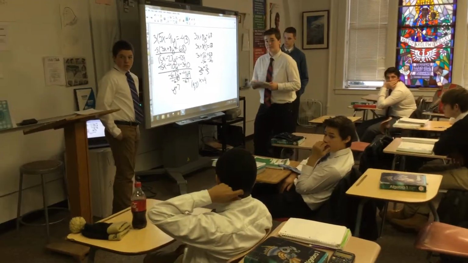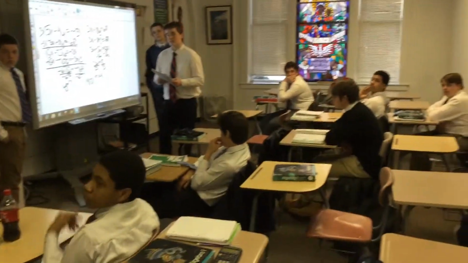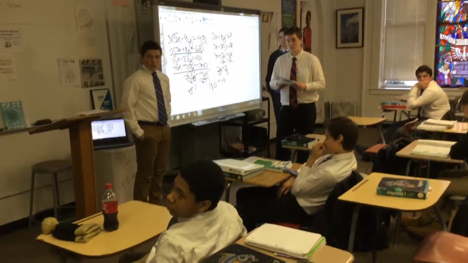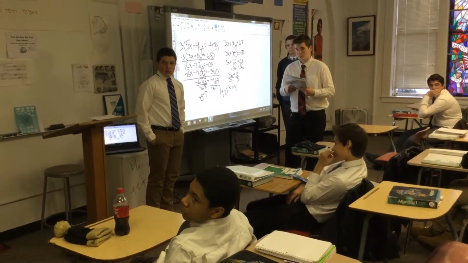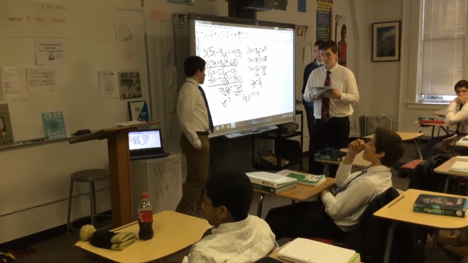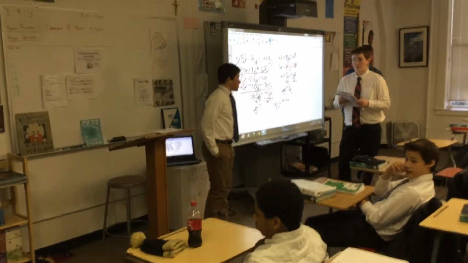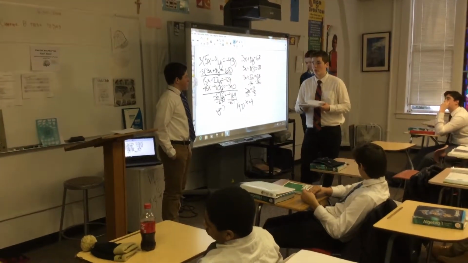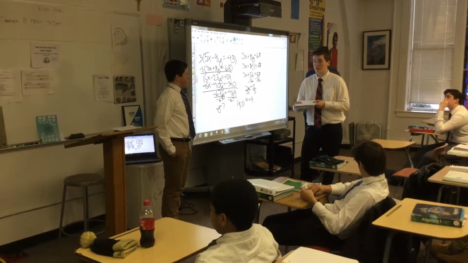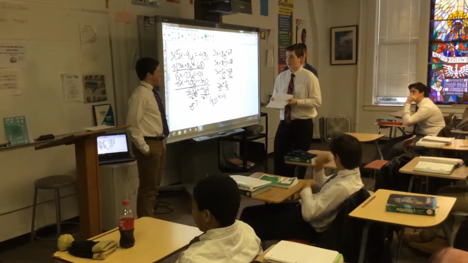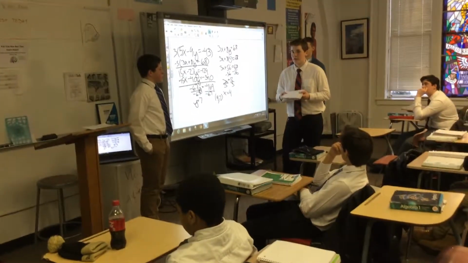Okay, so why is the elimination method, in your opinion, out of the three methods, graphing, substitution, elimination, the better method to use for, let's say this problem or any problem? Compared to substitution, you don't always have the same coefficients, so they don't always cancel out, so by using elimination you can do that.